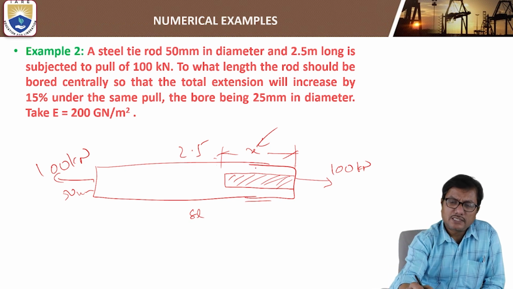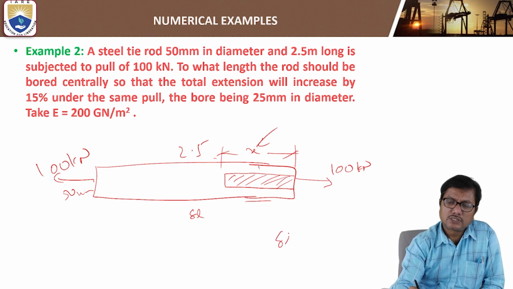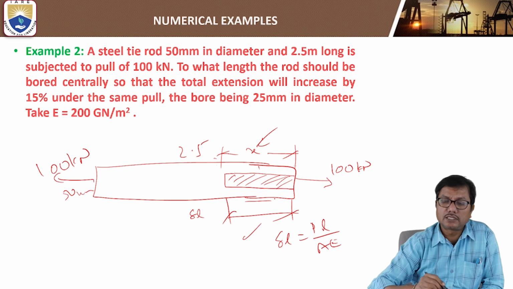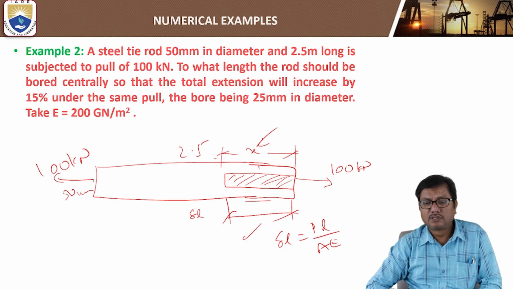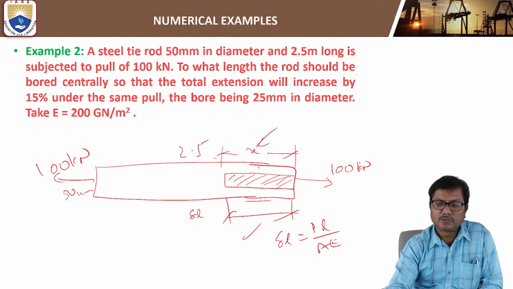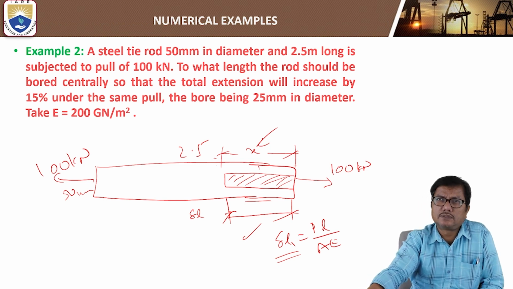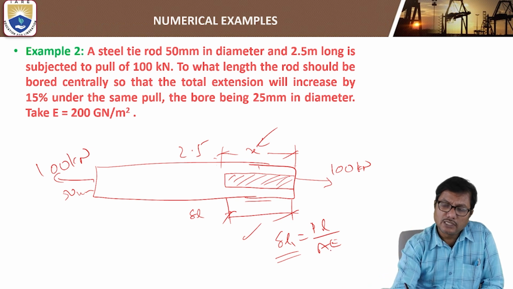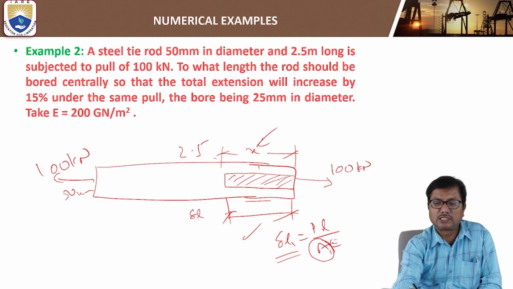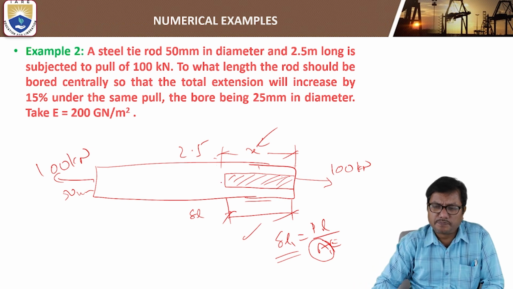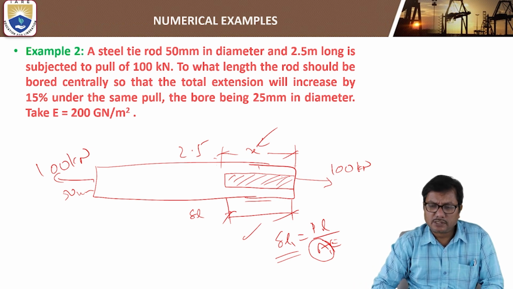So when area is decreased, using the relation PL by AE, the elongation of this portion will increase under the same pull. The elongation of the portion in which the borehole is made will increase because the area is decreased. I hope it is clear.